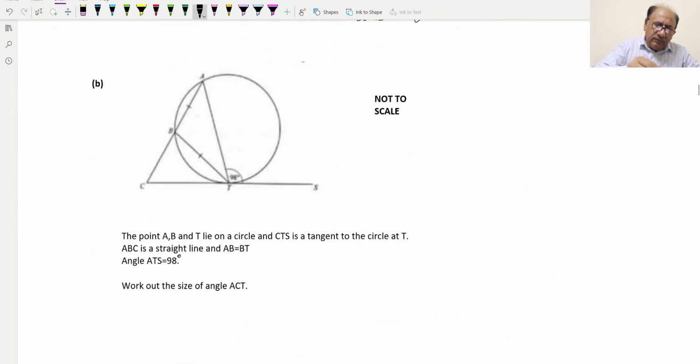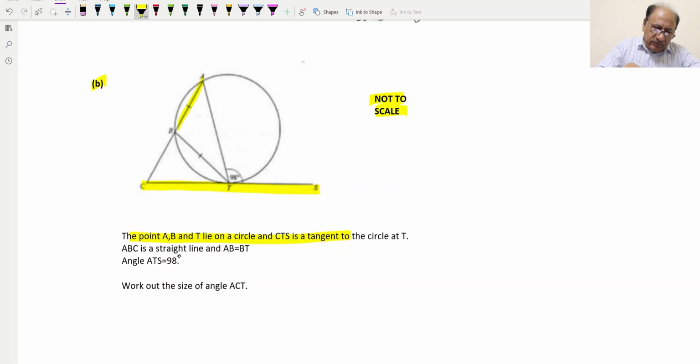Now B part, also the drawing is given and not to scale. The points A, B, T lie on the circle, and CTS is a tangent. CTS is this one, which is tangent to the circle at T, and ABC is a straight line.